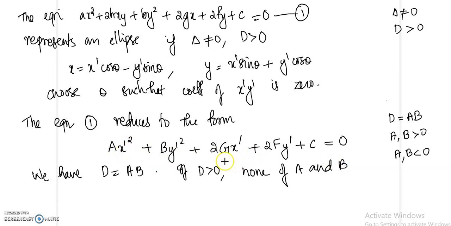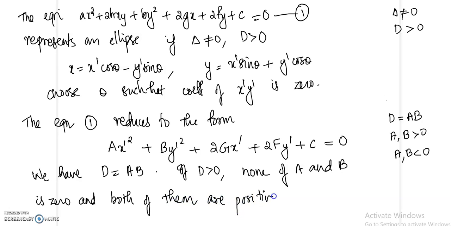So we will have x dash square and y dash square in the equation, and those terms will never go away. But when we take the parabola, either A or B will become 0. Okay, so if d is greater than 0, then none of A and B is 0 and both of them are positive or negative.